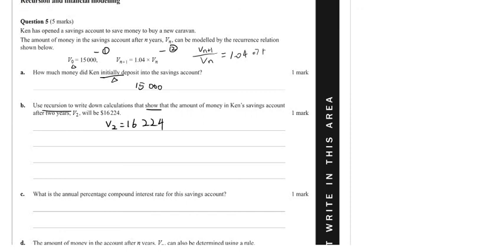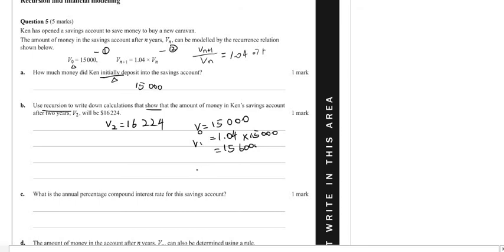So I know that my V0 is equal to 15,000 and my V1 is equal to 1.04 times 15,000. From calculation, that equals 15,600.